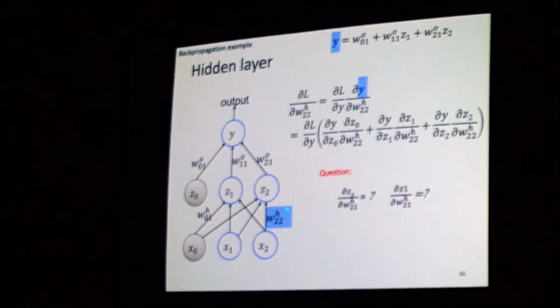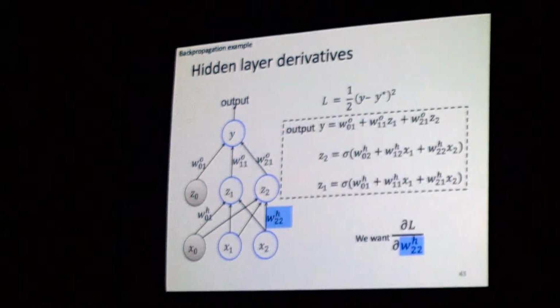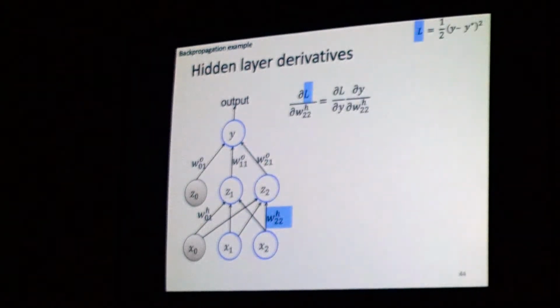Remember, the weight W22H is on this specific edge; it does not connect to Z1 at all. So Z1 has nothing to do with W22H. You can check the calculation of Z1 here: it doesn't contain any term related to W22H.